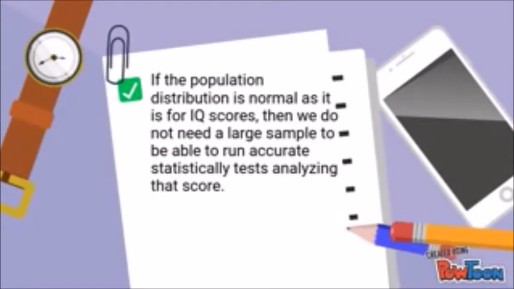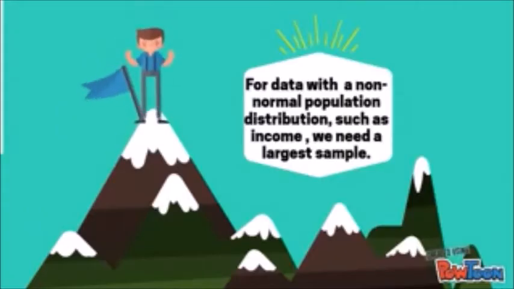If the population distribution is normal, as it is for IQ scores, then we do not need a large sample to be able to run accurate statistical tests analyzing those scores. For data with a non-normal population distribution, such as income, we need a larger sample.